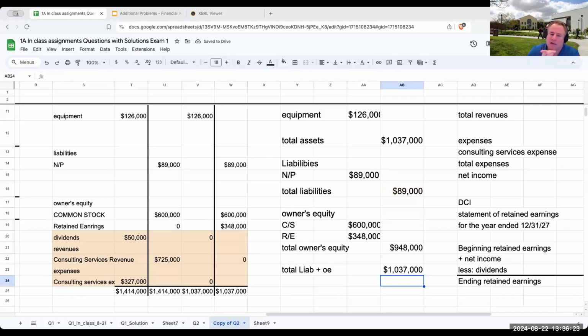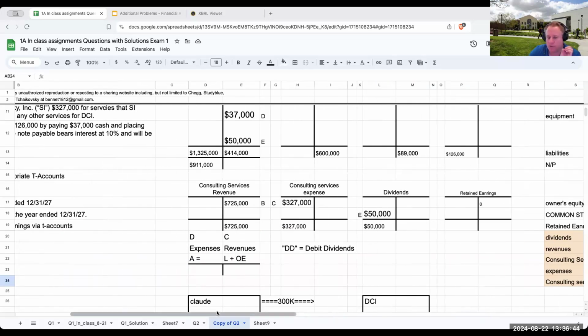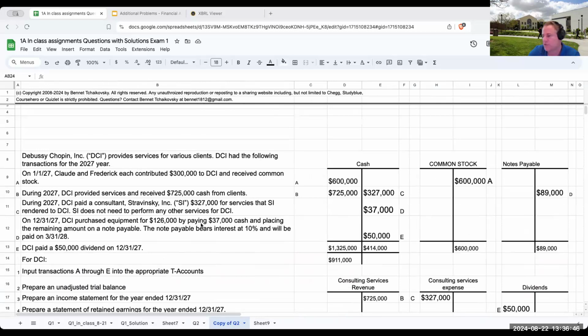So that's a very simplified balance sheet creation with revenues, expenses, and dividends. As we go through and learn, we're going to have more complicated problems, more complicated questions, right? But this flow of how things work for the first exam, we don't do adjusting journal entries on the first test.